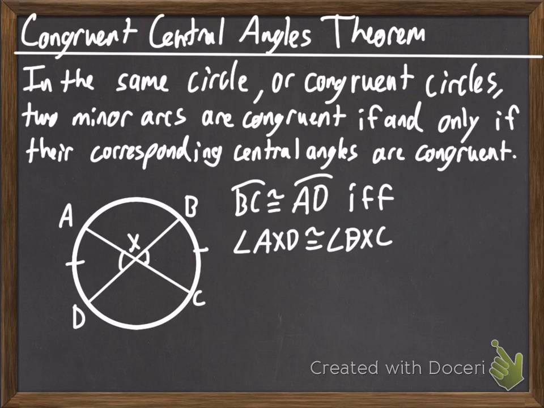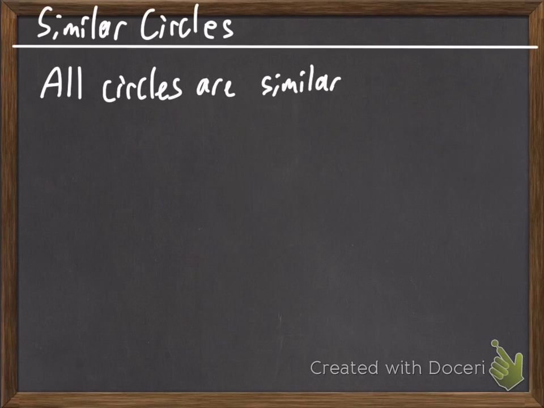And we know that they are if we look, because we have vertical angles. So, as long as within the same circle, or if you know the circles are congruent, if you have a central angle that's 50 degrees and another central angle that's 50 degrees, those angles are congruent, and those arcs are also congruent. So that's what this theorem tells us.